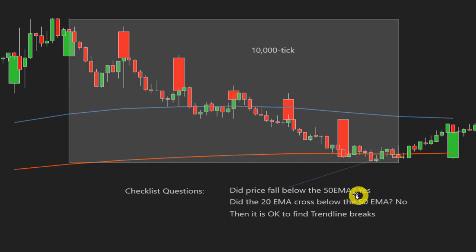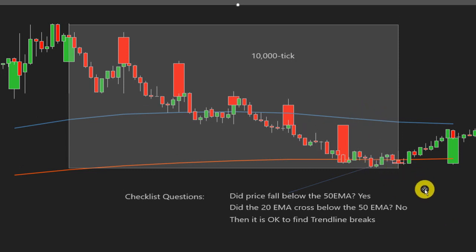We don't want them to cross, and we don't want price to really go below them, especially when they cross. If the moving averages cross one another, the price is obviously too far down. But price can go below both moving averages and the moving averages still not cross, is what I'm saying, on the 10,000 tick chart. That's the way it has to be.